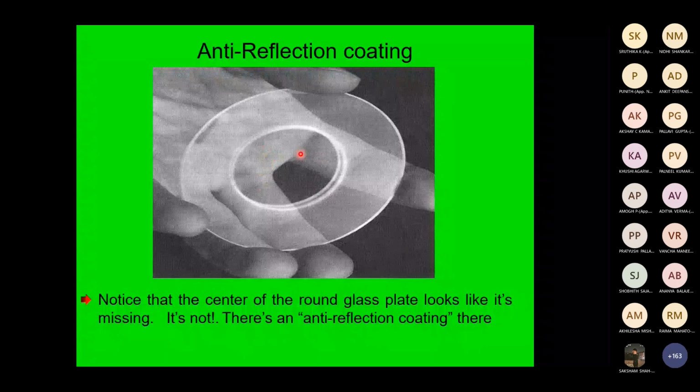When you see the glare, that is because of reflection. So that makes the difference. Another example is here. Suppose a person is wearing spectacles, one with an anti-reflection coating, another without. It does make a difference in quality, in the sense it reduces the reflection and enhances the transparency.